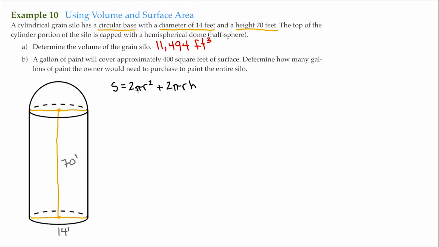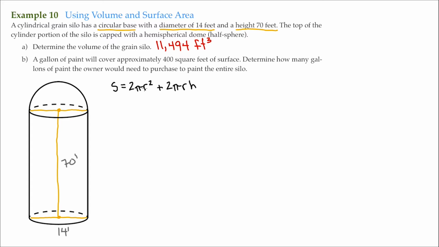The reason it's 2 pi r squared is because for the cylinder here, this is pi r squared down here. That's the area of the bottom, the end. And this is the area of the top. So I have pi r squared for one of them, but then I just double it, thus 2 pi r squared.